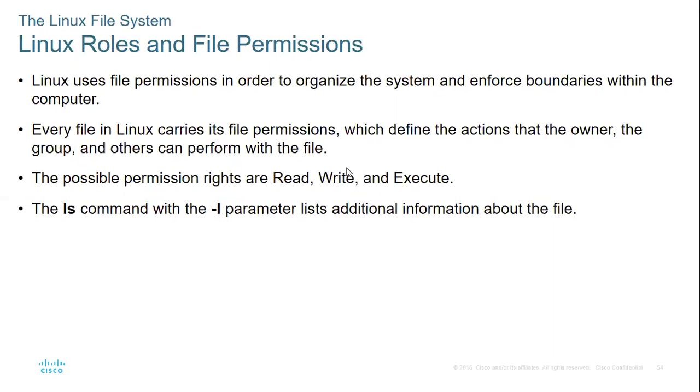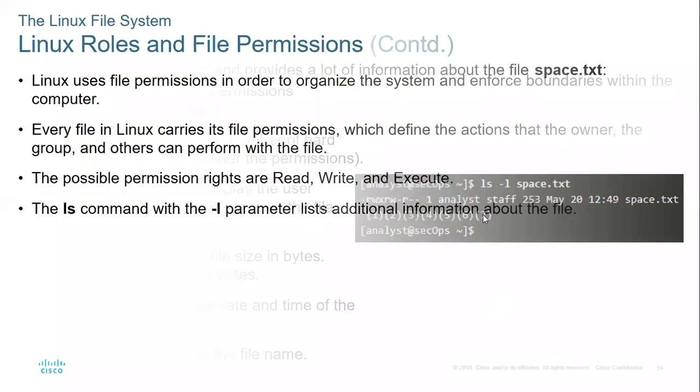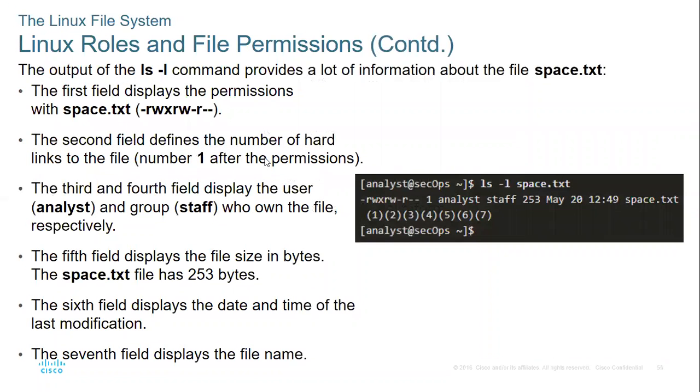Write means that you can edit the file. I think you have seen that sometimes you have a PDF where you can't change anything. It means that you don't have the permission to write. So these are the permissions: read, write, and execute.